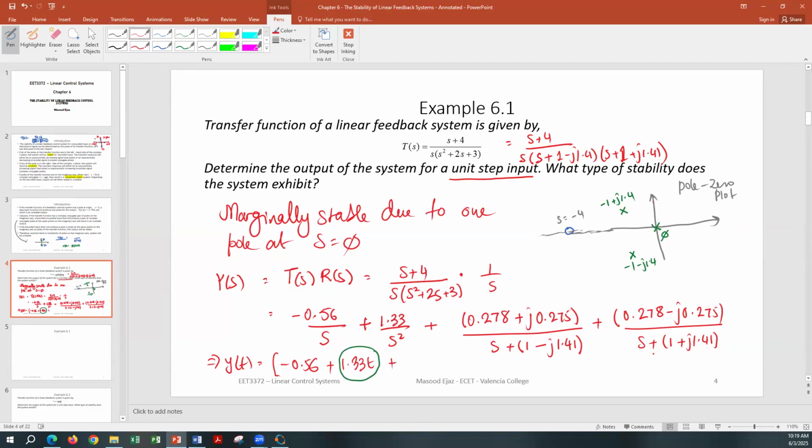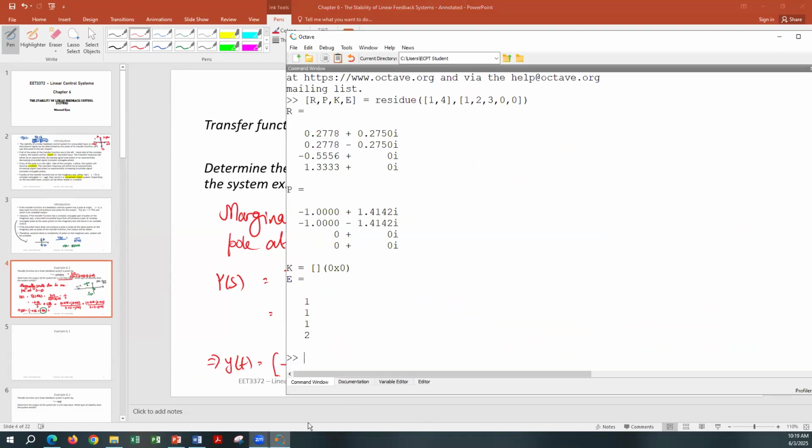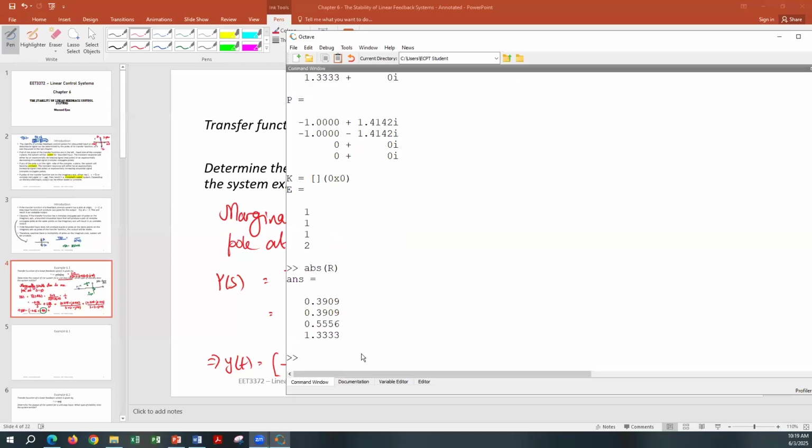And then we have complex. So remember when we did complex, what did we do? 2 times the magnitude of the numerator. So if we convert the numerator into magnitude and angle, the absolute value of R is the magnitude of all R's, and the angle of R times 180 by pi is the phase.